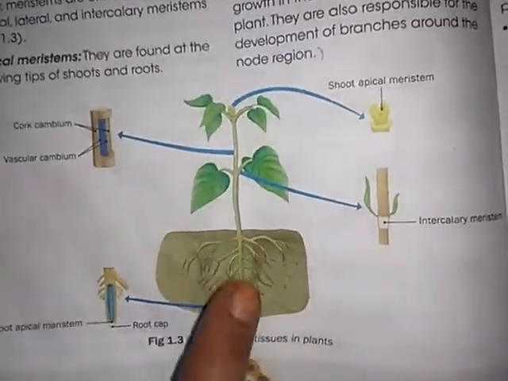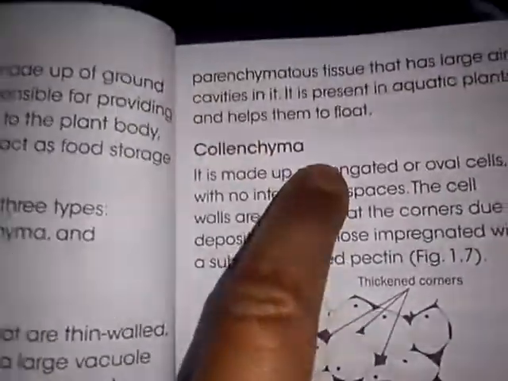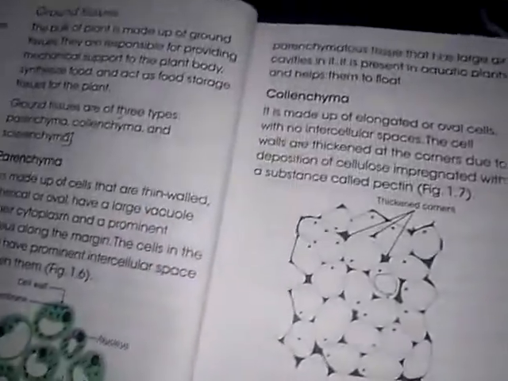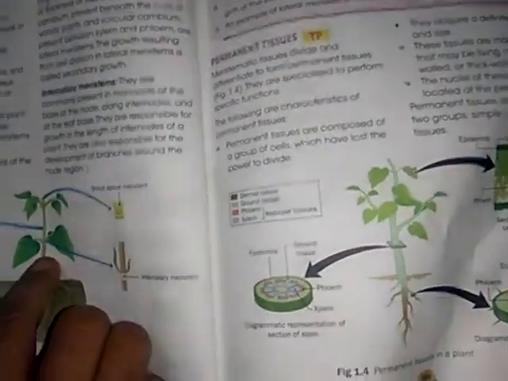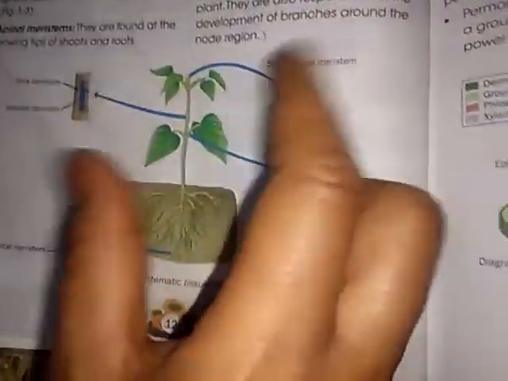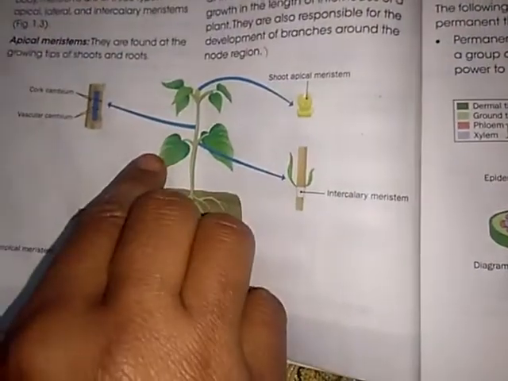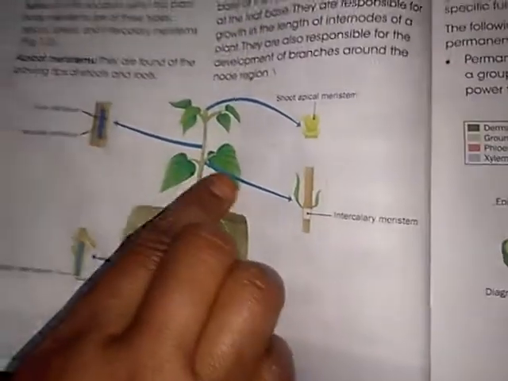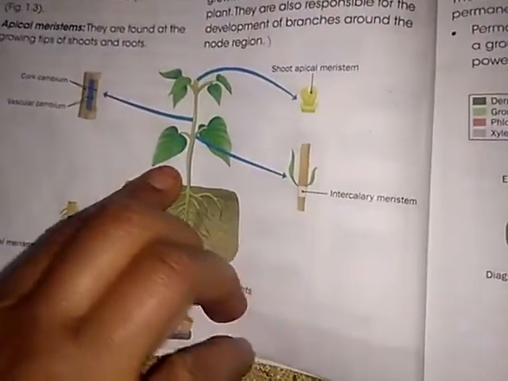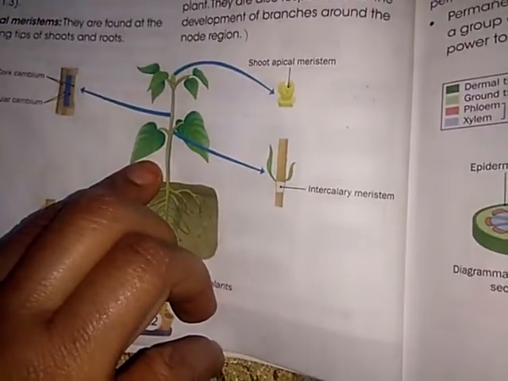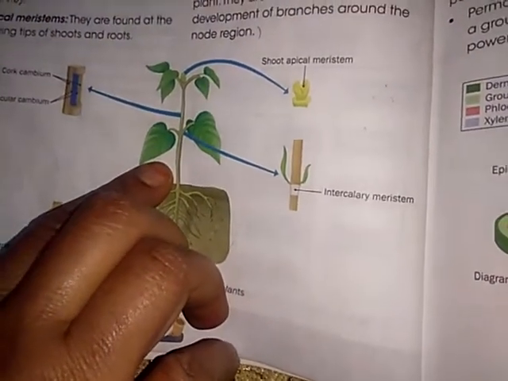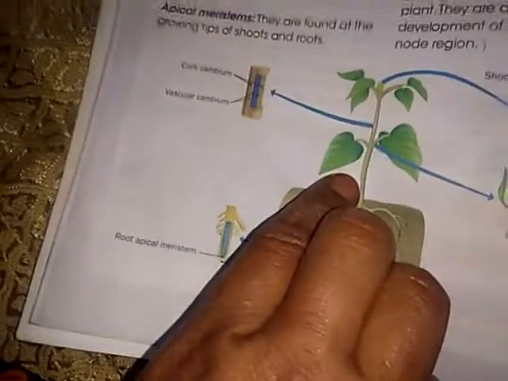And then this collenchyma tissue gives elasticity and flexibility to the leaf and the stem.